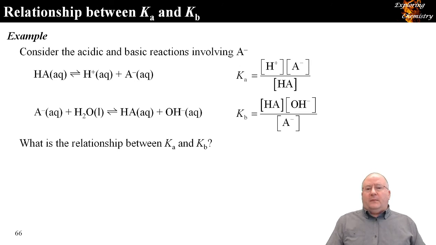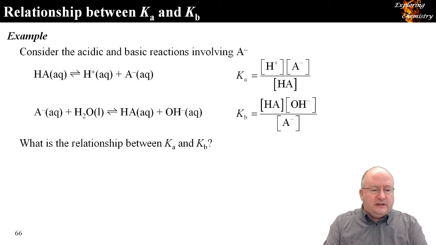All right, back to this. What is the relationship between Ka and Kb? You've already seen the acidic and basic reactions involving A-, as an acid and base. What is the relationship between Ka and Kb? Anyone? Chat? Discussion?